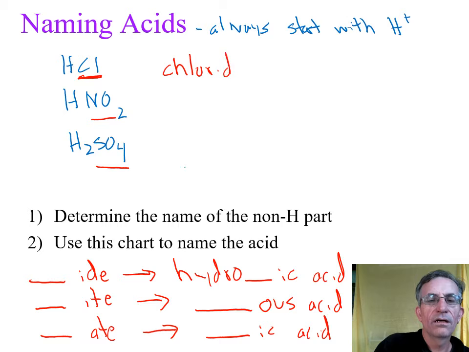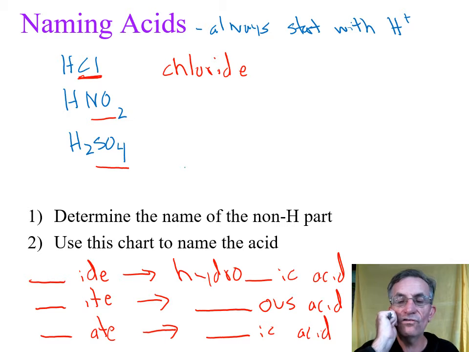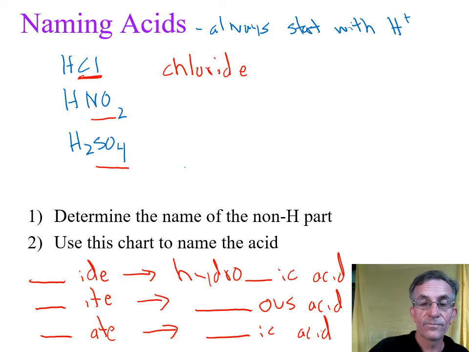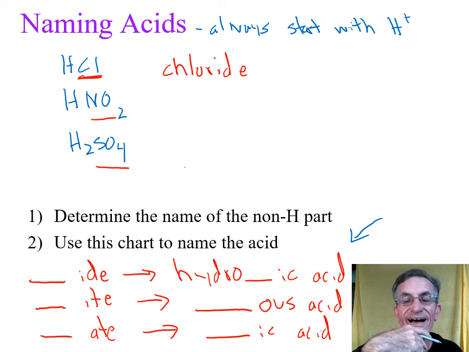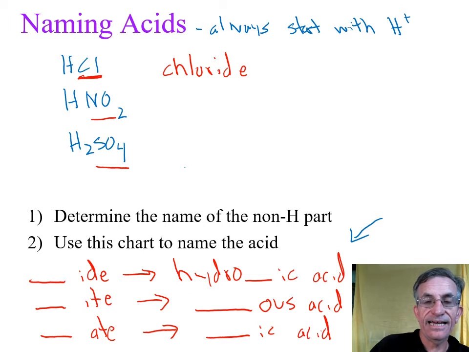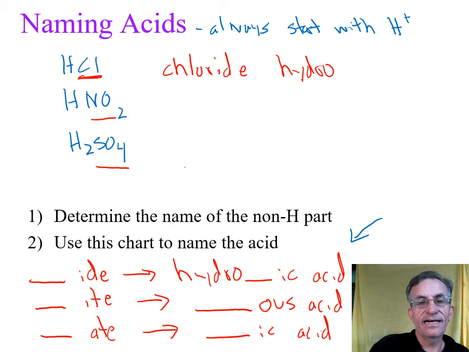Now, if you notice that you've got chloride, the acid that contains chloride, we're going to be using this first line on our conversion chart. Ide is going to go away. We're going to take off the ide, and we'll start with hydro. And so the ide will go away, and it'll be starting with hydro, and then it'll be chlor.